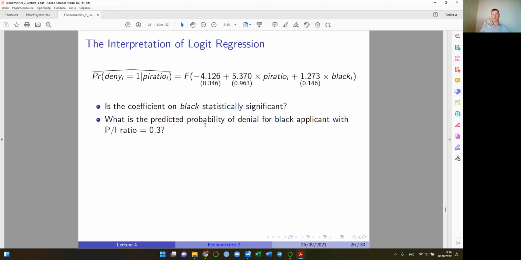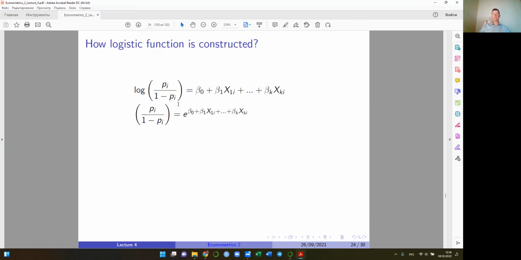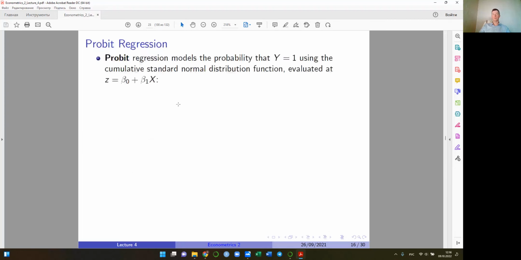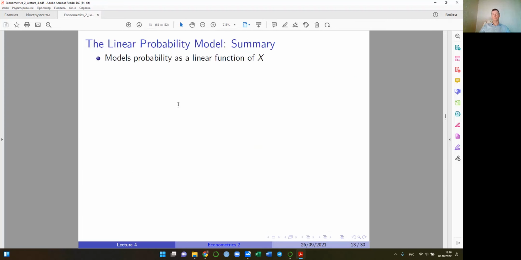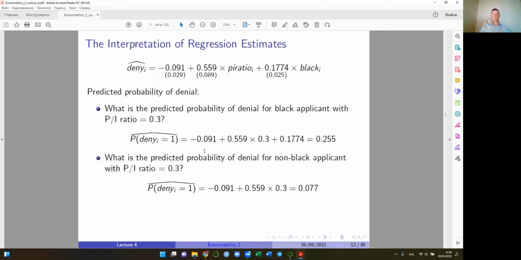And going back to the estimation results from Python, you can see that it explicitly says the method of estimation is MLE, while for the linear probability model, when we see the outcome from Python, it says that the method of estimation is least squares.